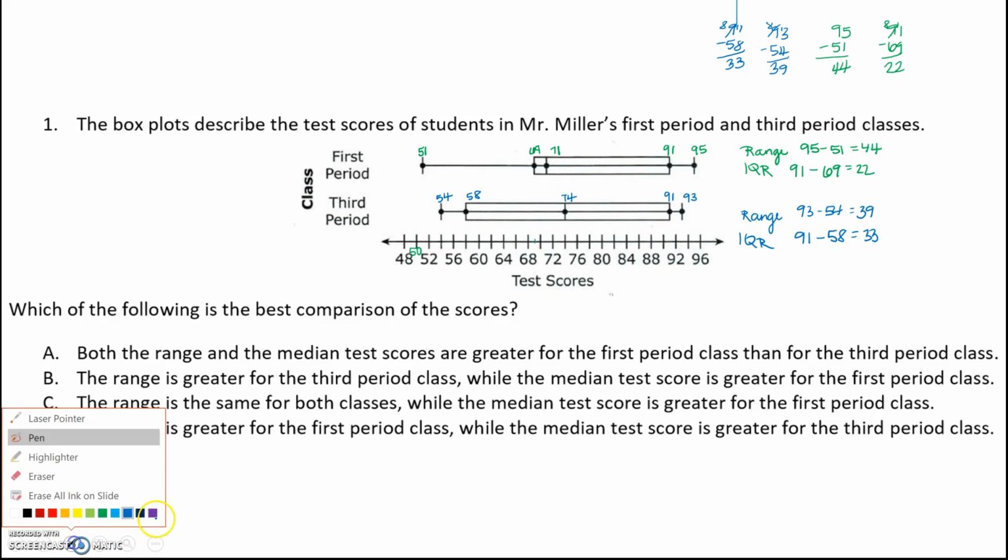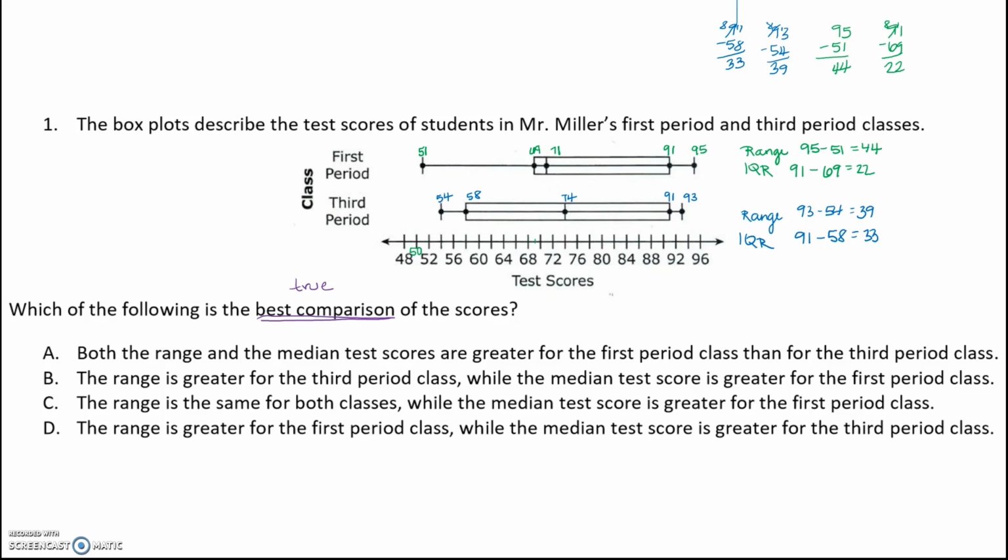This problem here says, which of the following is the best comparison of the data? So we are looking for something that is true, the best one. So I'm going to just read them to you. A says, both the range and the median test scores are greater for the first period class than the third period class.